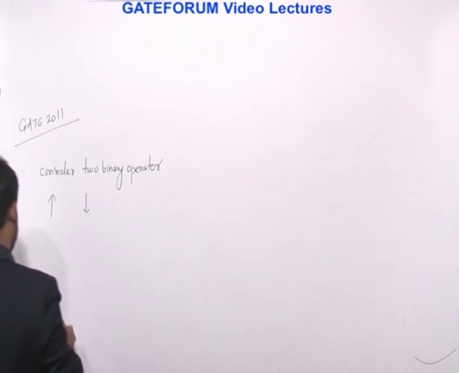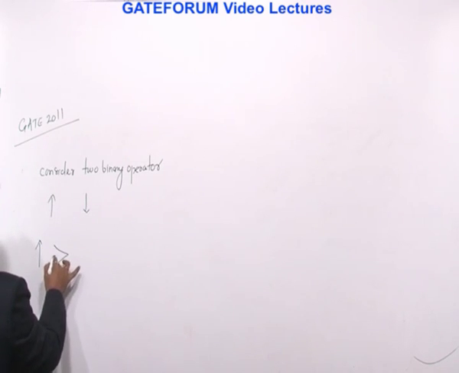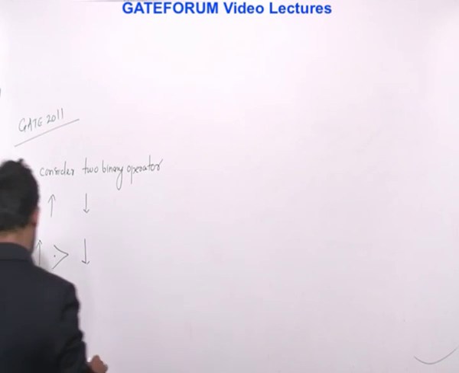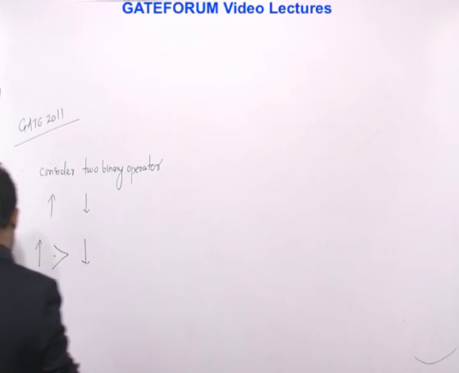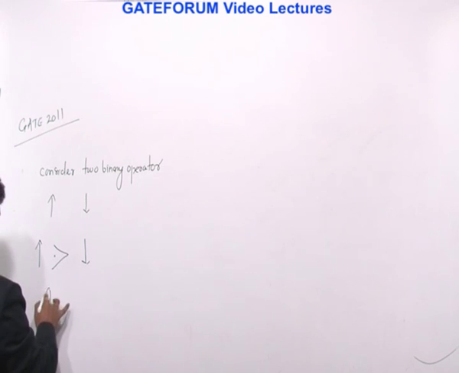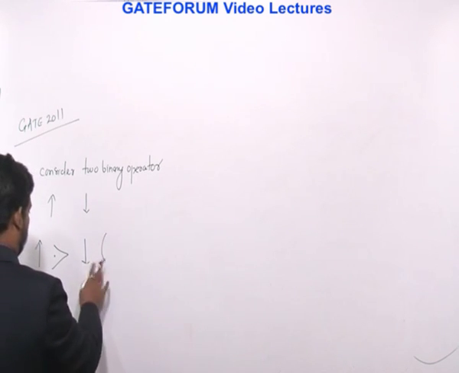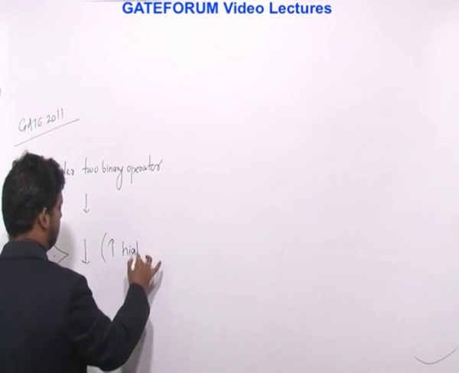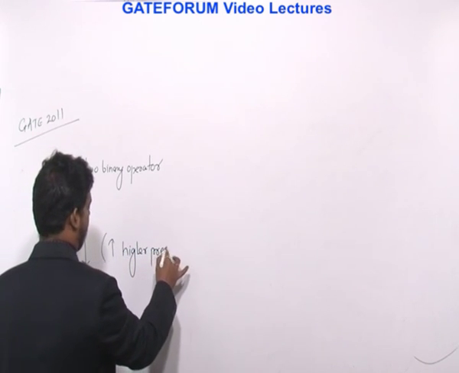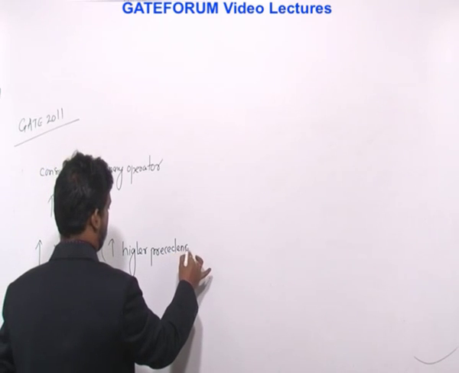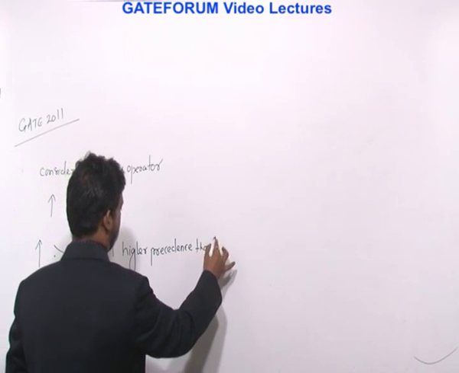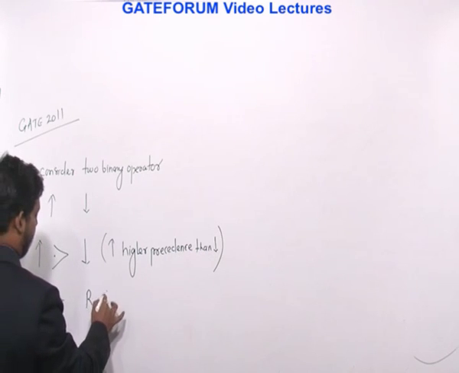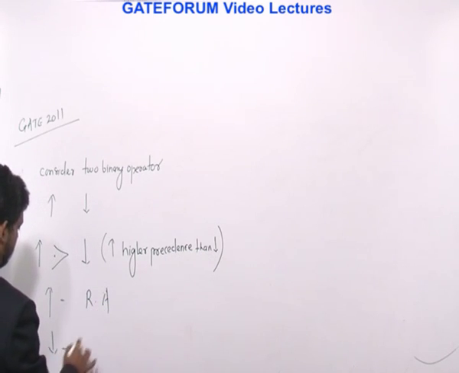Up arrow has higher precedence than down arrow. Up arrow is right associative and down arrow is left associative.